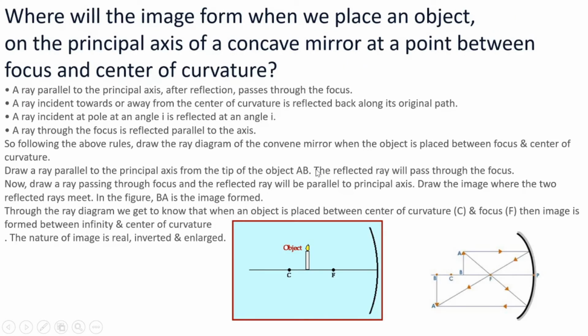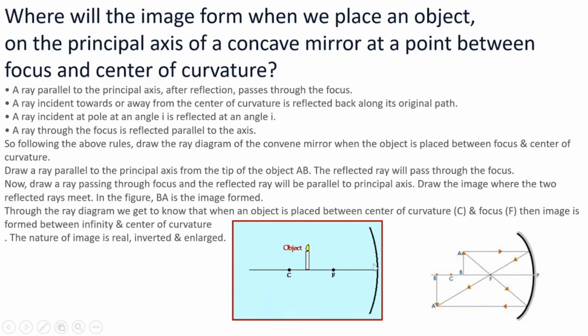Let's see the second case. Where will the image form when we place an object on the principal axis of a concave mirror at a point between focus and center of curvature? Now we have placed an object between F and P, and now we are placing an object between center of curvature and focus.